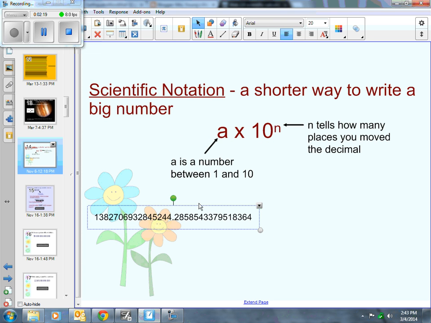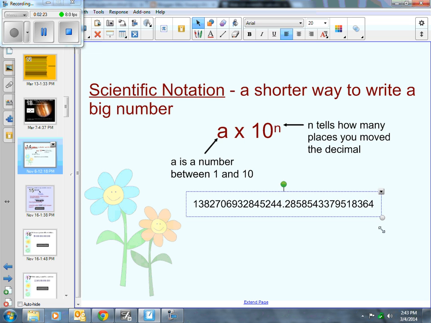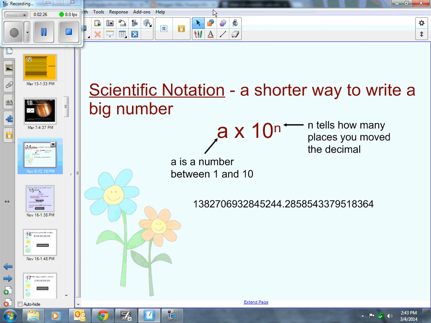All right, so for example, taking this absolutely astronomically huge number here, I am going to write it in scientific notation, okay? I have to find the number between 1 and 10. So I can write it like this. I'm just going to round because I don't want to sit here forever writing numbers.